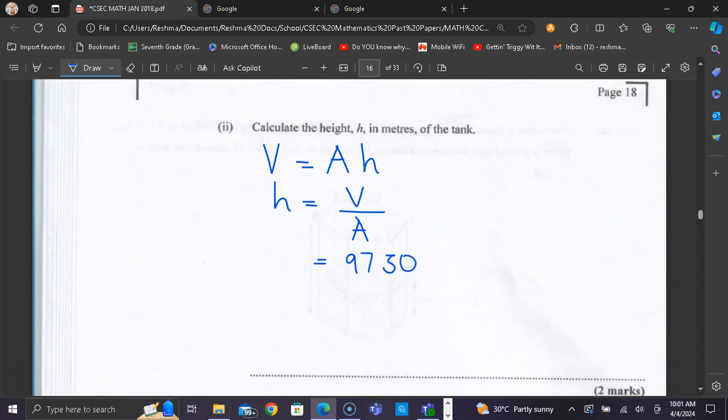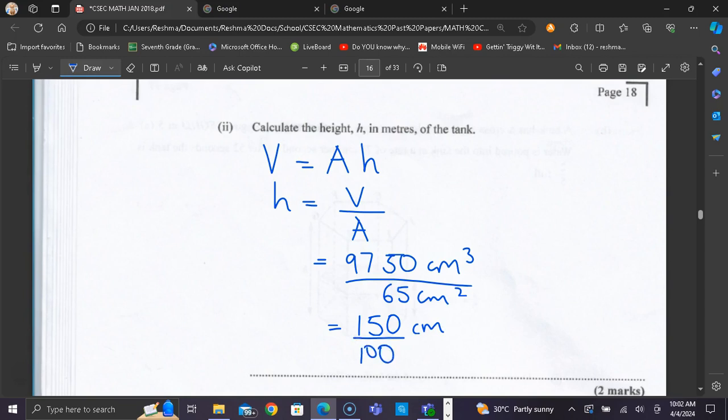And we divide that by the area of the cross section, the area of the hexagon, which we found was 65 square centimeters from part A. So if we divide 9750 by 65, we will get the height of the tank to be 150 centimeters. Now they asked us for the height in meters, so we just have to divide by 100. So just move 2 decimal places to the left, so we get the height of the tank is 1.5 meters. Okay, and that's your 2 marks.